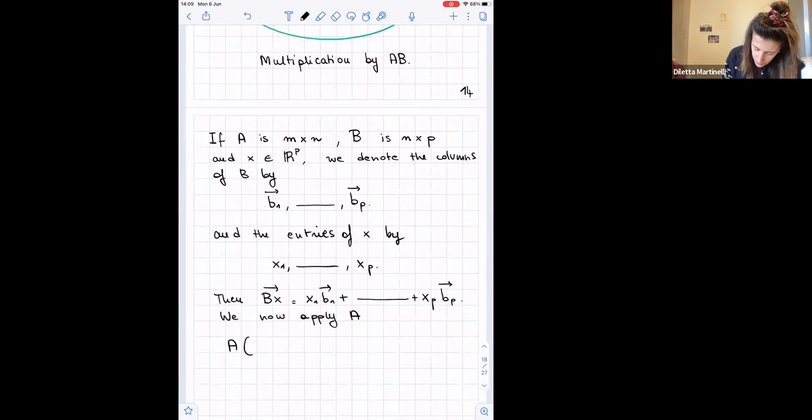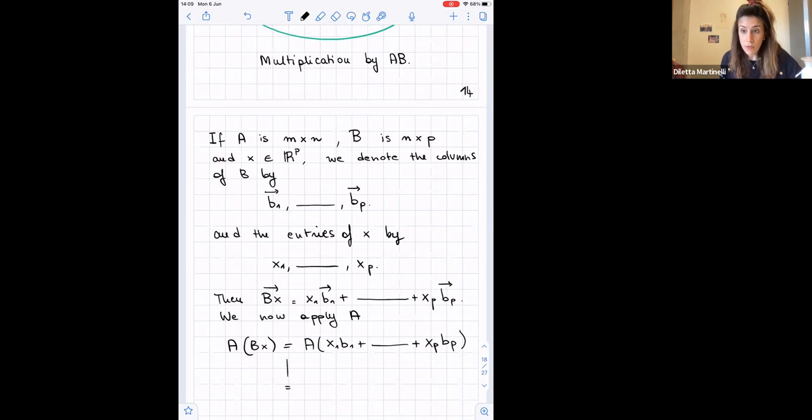So A applied to the vector Bx means A applied to x1 B1 plus ... plus xp Bp. And here we use the property that we just proved, the linearity of the matrix vector multiplication. And what do we get?